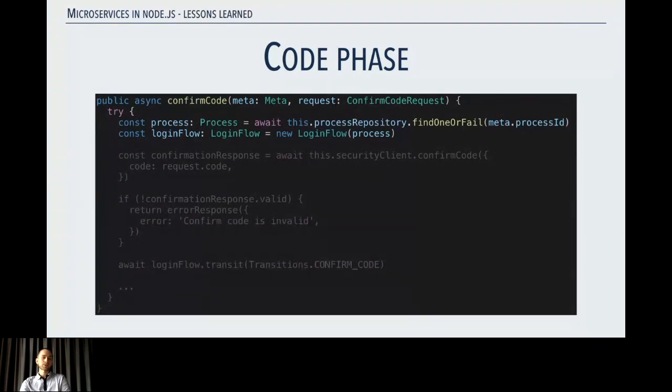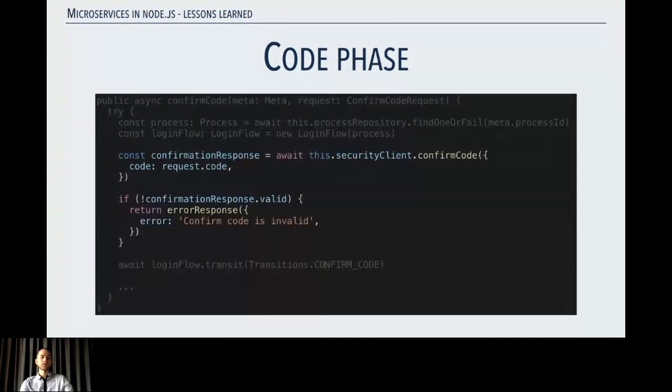And if we actually can recreate it correctly, then we are trying to confirm that code the user sent to us, of course, using the security client, because that's its responsibility. And if it's successful, then we can transit to another state. If not, we are just sending the user some validation error or something like that.